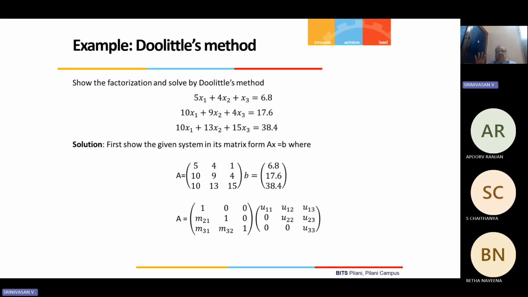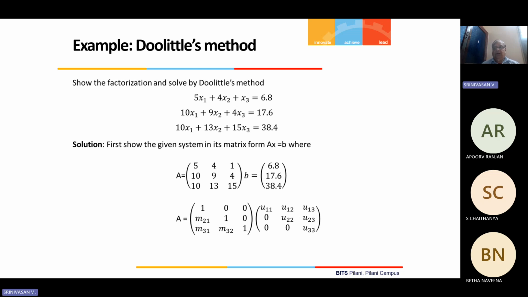You are given a system of 3 linear equations in 3 unknowns. Without factorization, you know how to solve. Your A is first row 5 4 3, second row 10 9 4, third row 10 13 15, multiplied by the column vector x1 x2 x3, and the right hand side column vector 6.8, 17.6, 38.4.